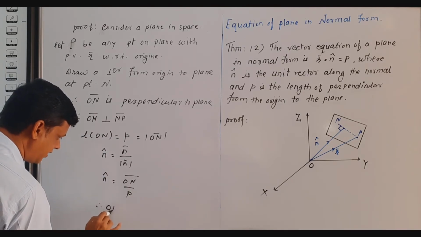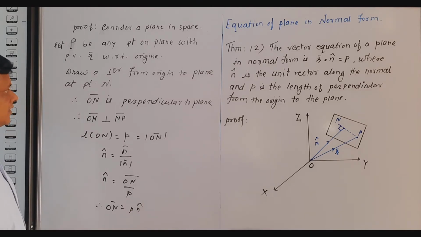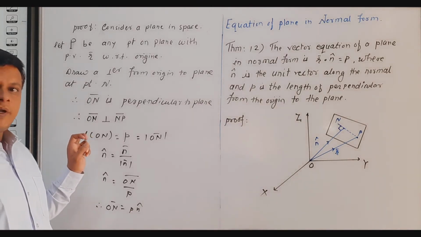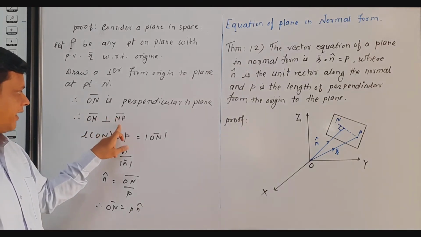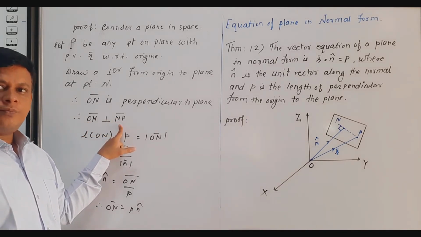So we write vector ON is equal to p into n cap. Now vector ON and vector NP are perpendicular, so the dot product is 0.